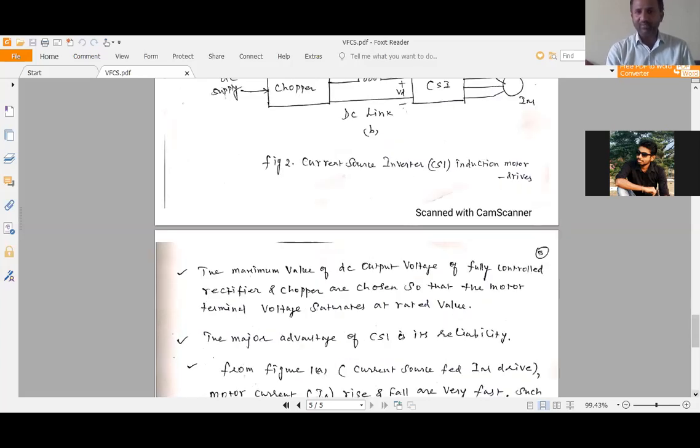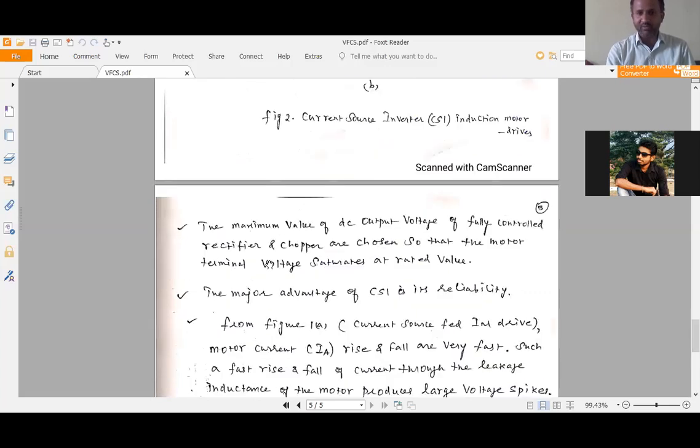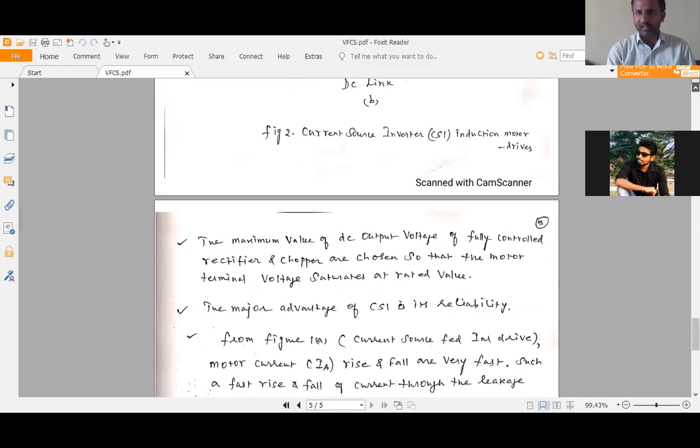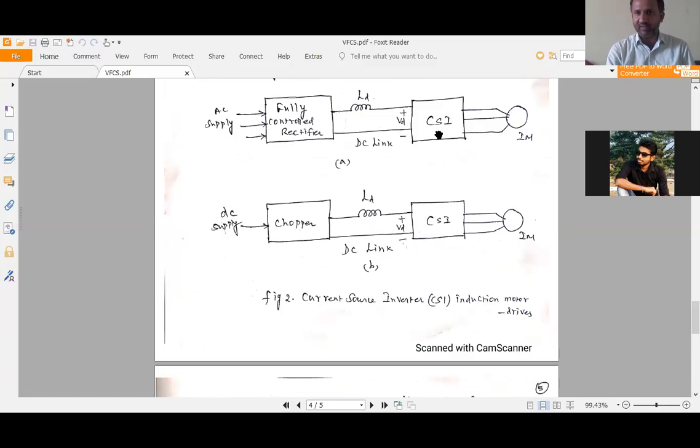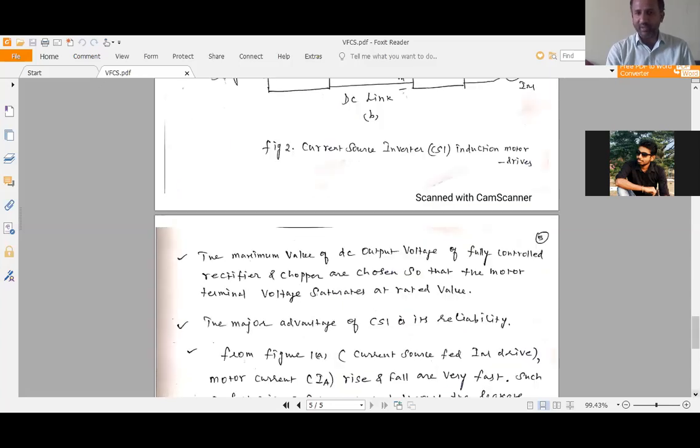The maximum value of the DC output voltage of the fully controlled rectifier and chopper, which is given to the current source inverter, is chosen so that the motor terminal voltage saturates at the rated value.